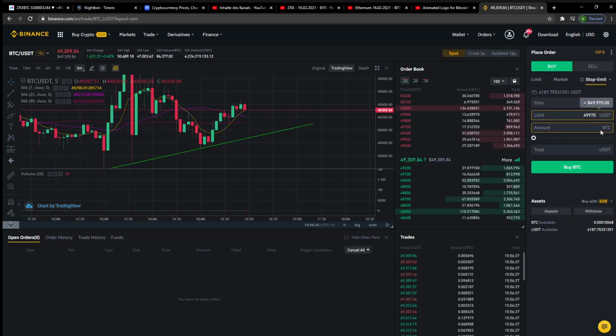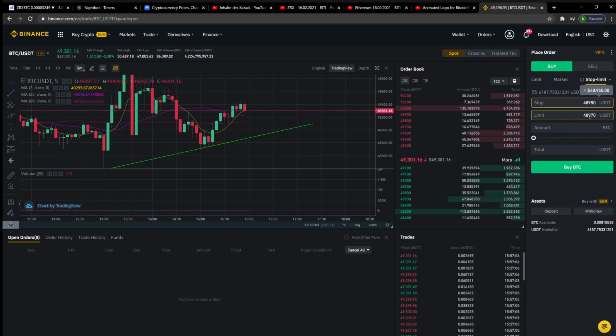Sorry, again. So you can see the stop is on 48,950. My limit is on 48,970. That means the price must come down to 48,950, and then my automatic order will buy everything up to 48,970.